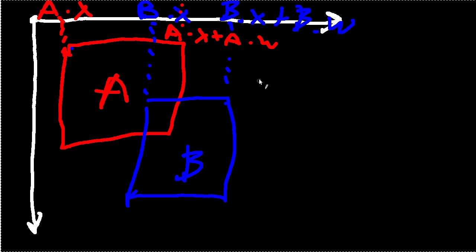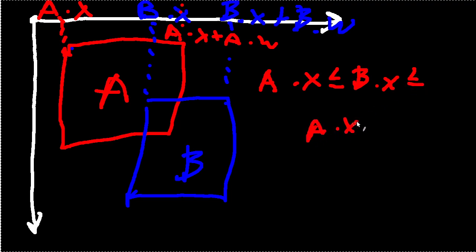It's just saying if a dot x is less than or equal to b dot x, which is less than or equal to a dot x plus a dot w. So this is the first condition where we have overlap.